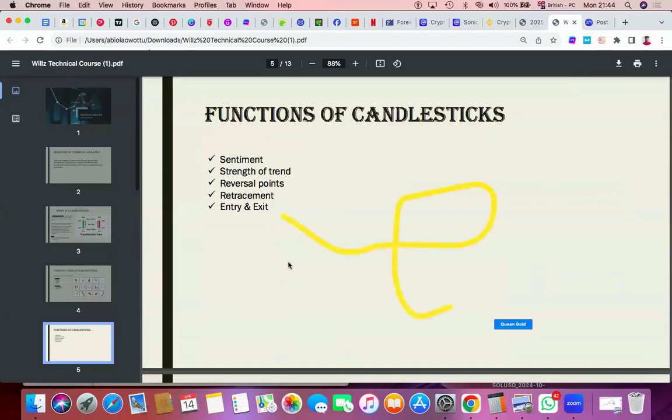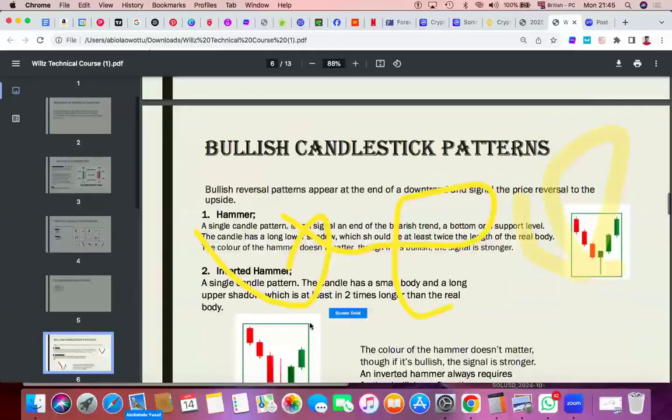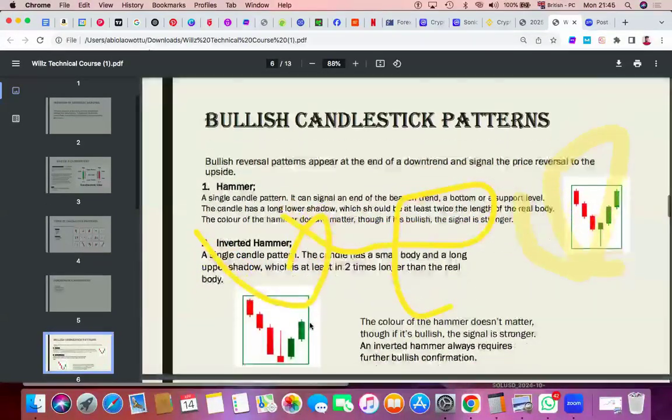And also we have strength of trend, reversal point, retracement, and entry and exit, right? These are actually the bullish candlestick patterns.